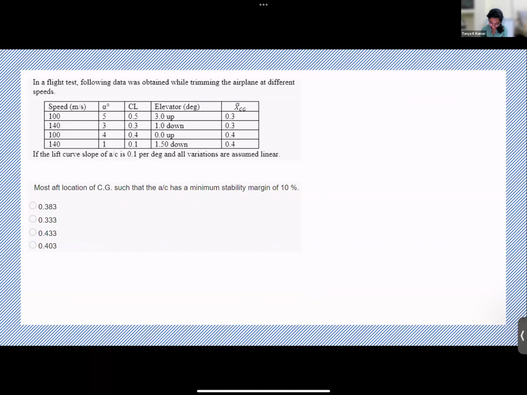All right, next. Most aft center of gravity location such that the aircraft has a minimum stability margin of 10%. It's just that the stability margin has changed. Let's try doing it. So it will be 0.1 equals 0.433 minus x bar CG. So x bar CG would be 0.333, correct?